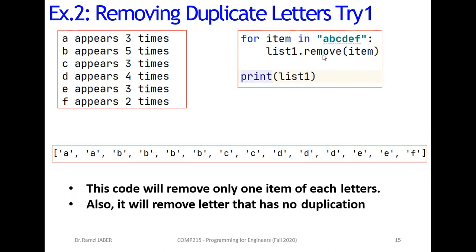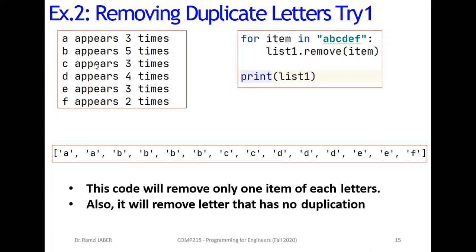This built-in function remove will remove only one item of each letter. Okay, we have 3 A's becomes 2 A's. We have 5 B's becomes 4 B's, 2 C's, 3 D's, 2 and 1 F. Okay, so it's not the correct solution.